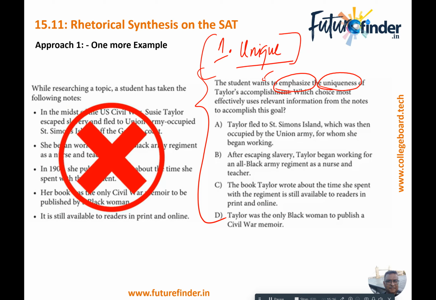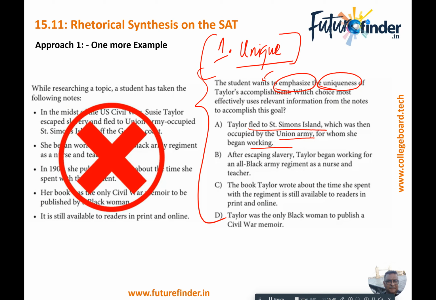So let's see. Taylor fled to St. Simons Island, which was then occupied by the Union Army, for whom she began working. Well, she fled to St. Simons Island, and she started working for the Union Army. Could this be very unique?